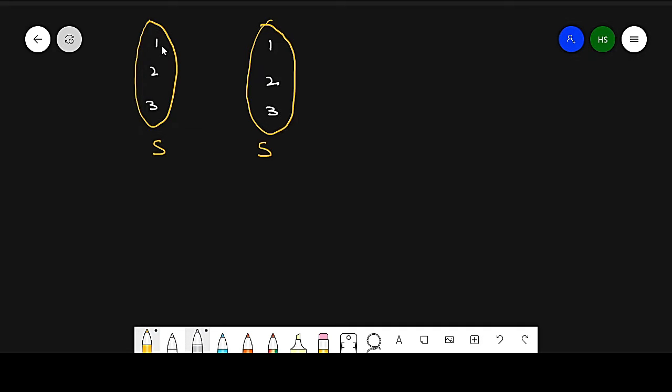So 1 goes to 2, suppose, and 2 goes to 3 and 3 goes to 1. So this is a map F, and this map is 1-1 as well as onto.